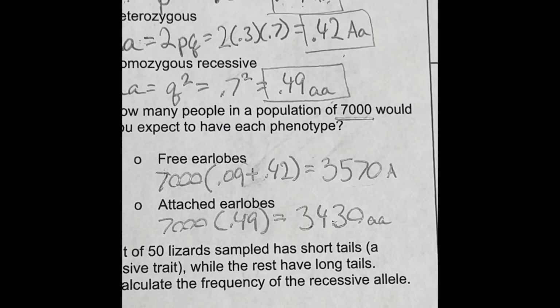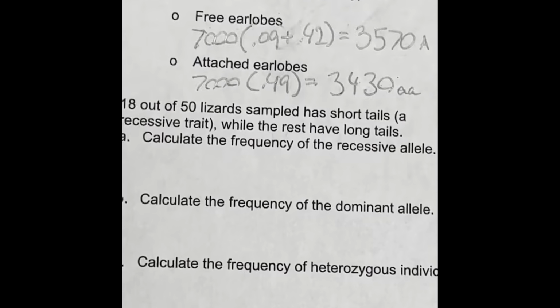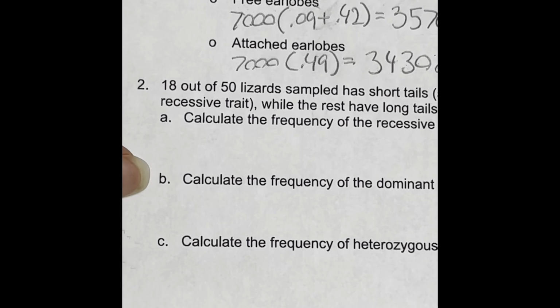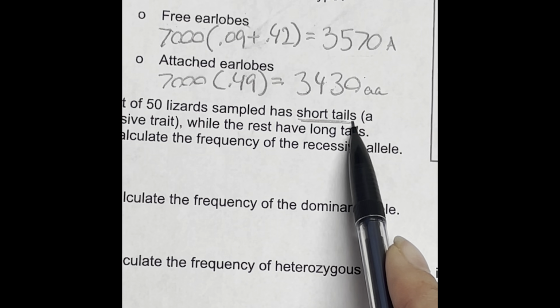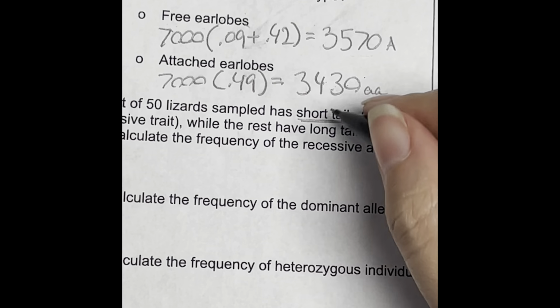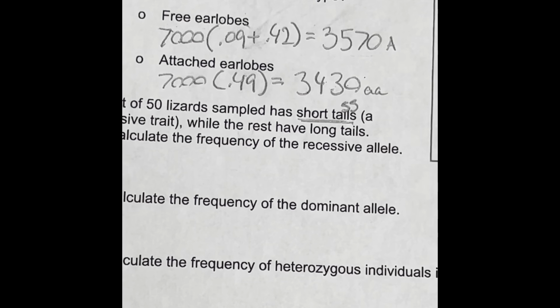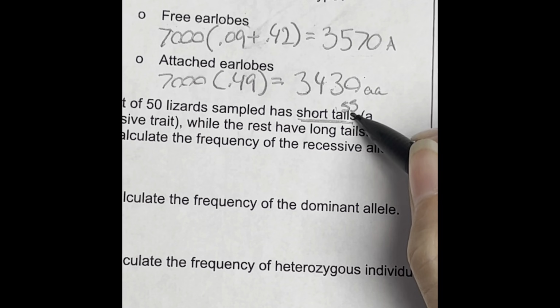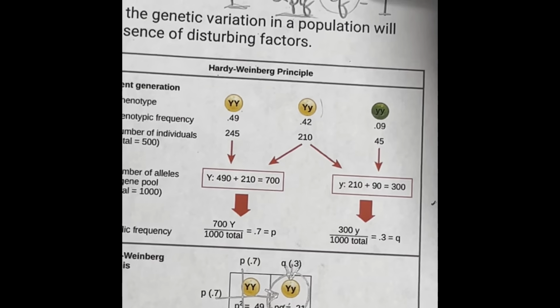All right, let's do another practice problem. The next practice problem says that 18 out of 50 lizards have short tails. Short tails is a recessive trait, so I'm already thinking that this is going to be homozygous recessive. If they are telling us the frequency of homozygous recessive, I'm looking over here, this is the frequency of homozygous recessive.